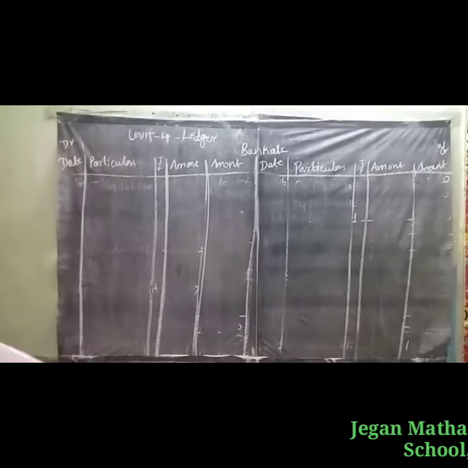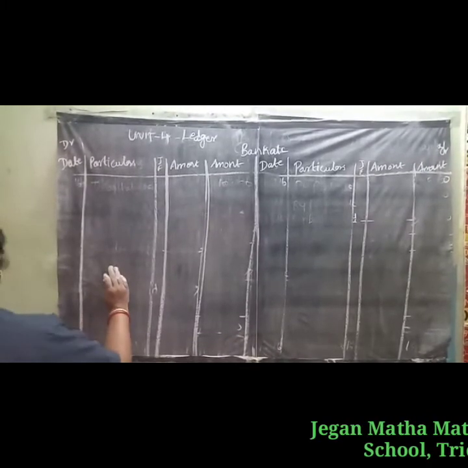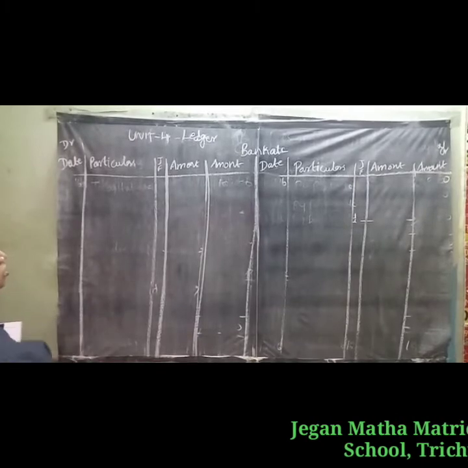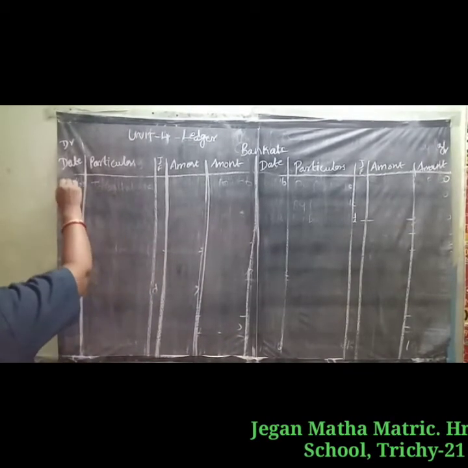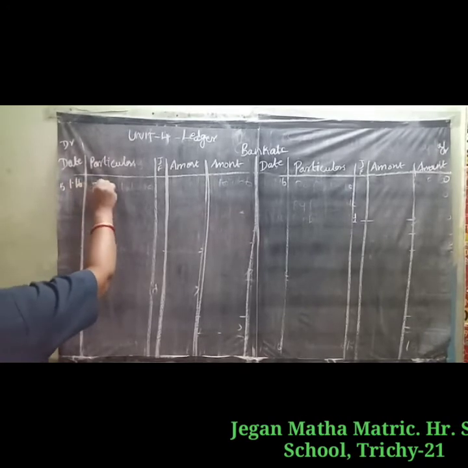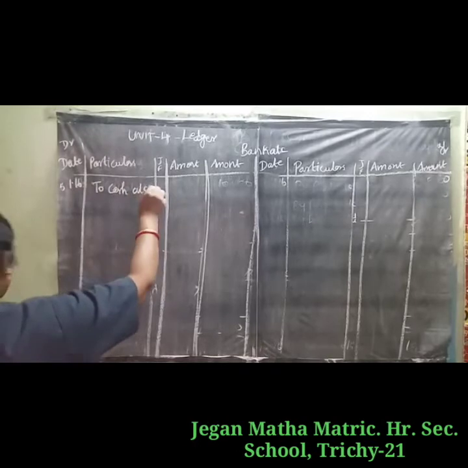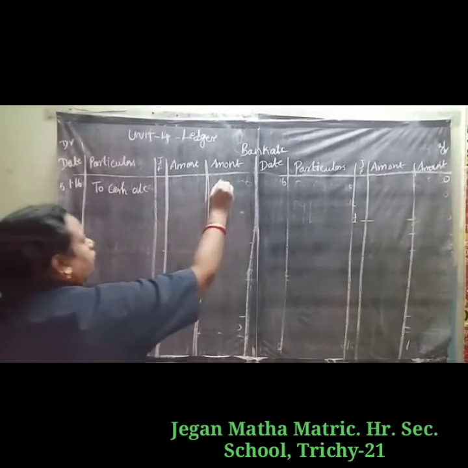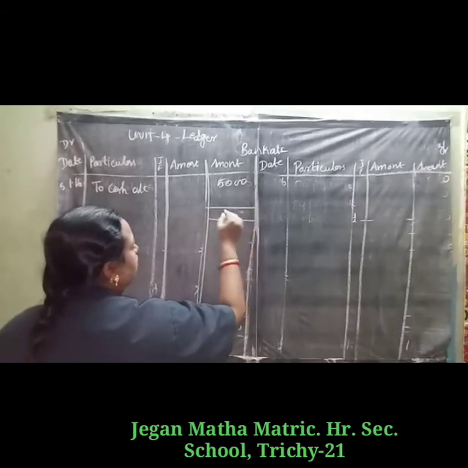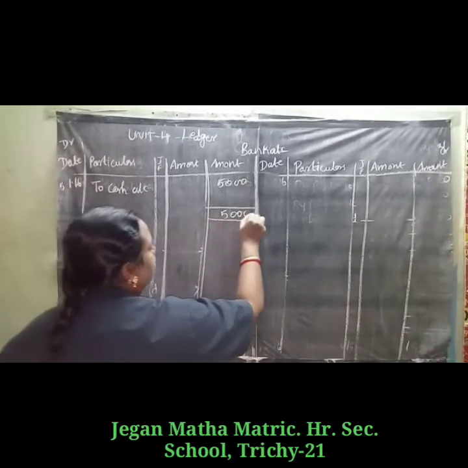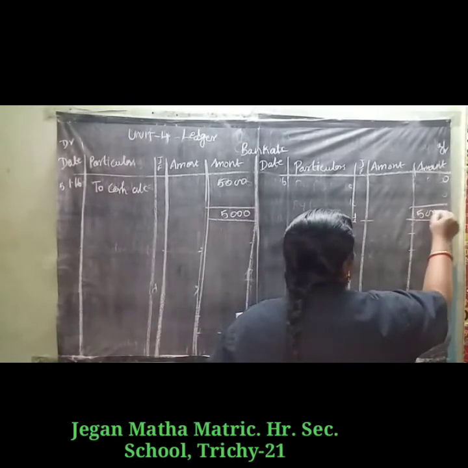Next we are going to prepare the bank account. Bank account debtor to cash. So bank is on the debit side. We write on the debit side 5/1/2016, to cash account, amount 5,000. There is no more in the bank account, so we close here with 5,000, bringing it to the credit side 5,000.